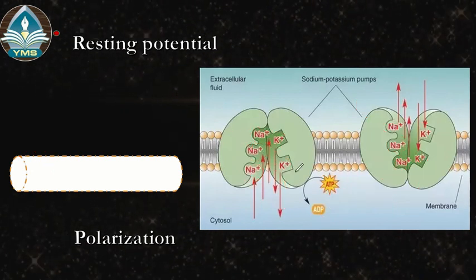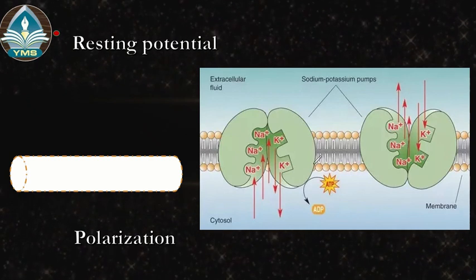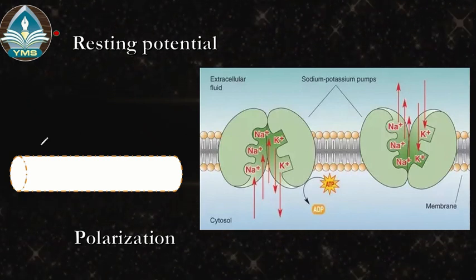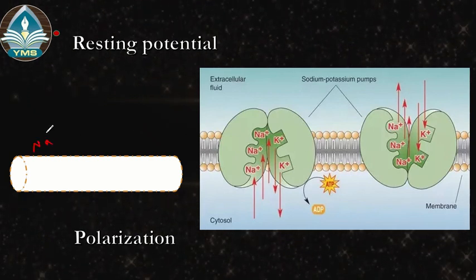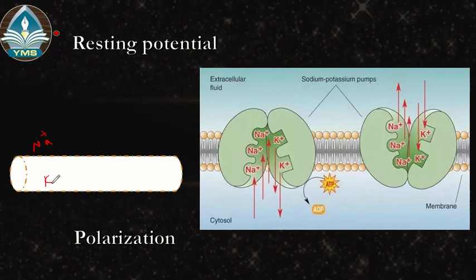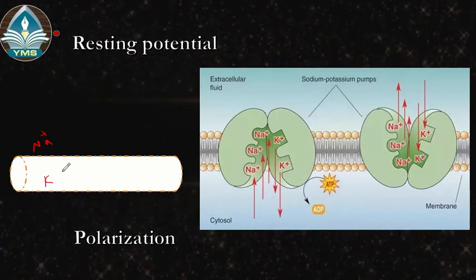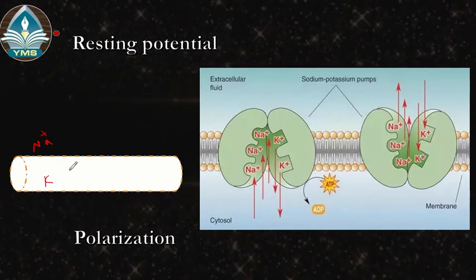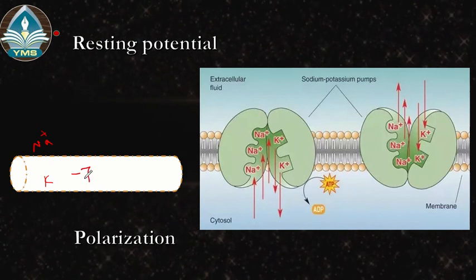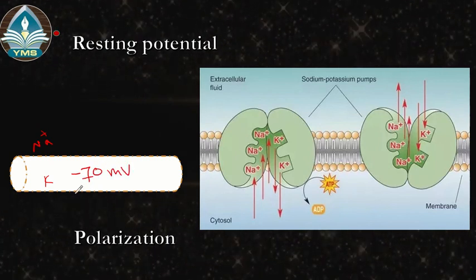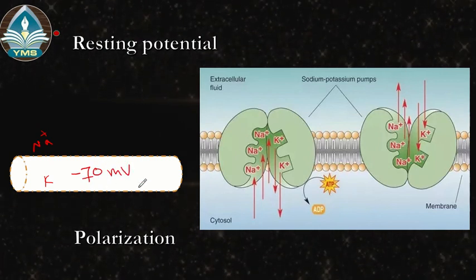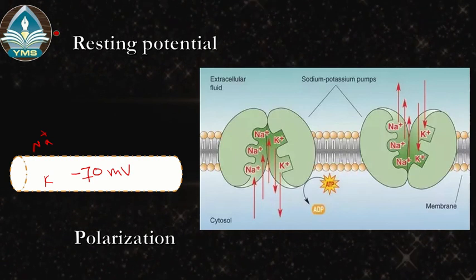So this pump will work to restore the ions. It will restore sodium out and potassium in, so it will go back to its state of resting potential again, to make it negative 70 millivolts. The charge difference, the potential, will be back as it was, negative 70 millivolts.